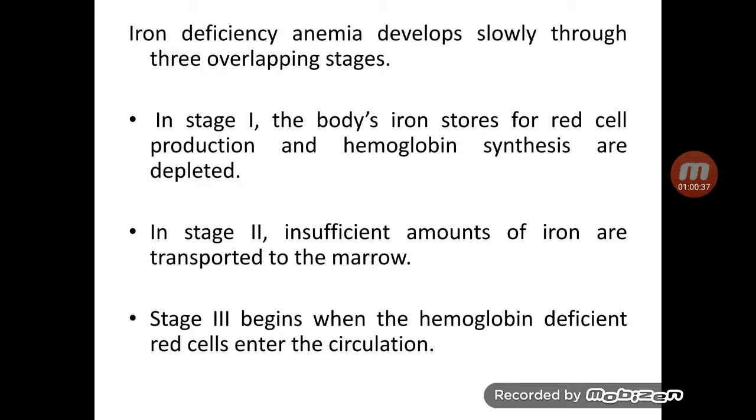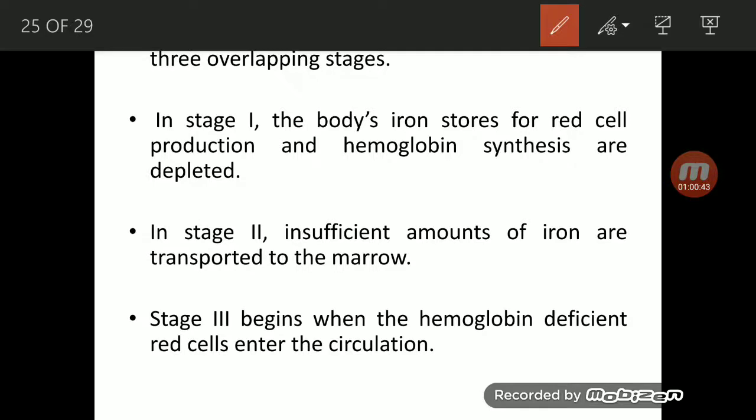Second is stage 2. There is insufficient amount of iron transported to the bone marrow. In the first stage, you are depleting your stores, but since iron is still present, normal production is going to take place in stage 1.